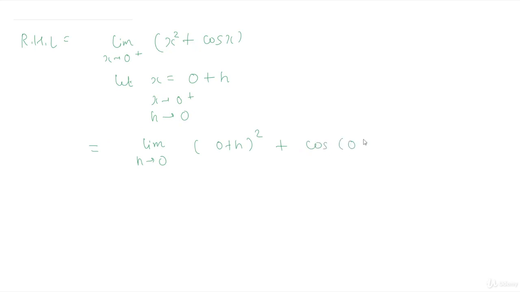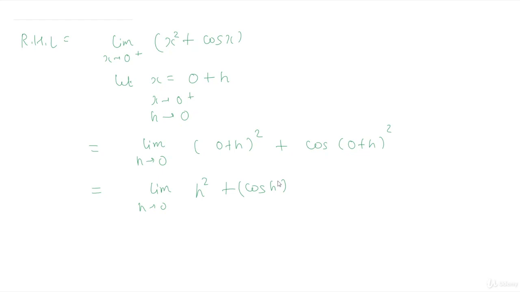That will be limit h approaches to 0 of (0 plus h) whole squared plus cosine of (0 plus h). I am using this notation of h to make the solution of this example more intuitive to you guys. So that's the main thing.